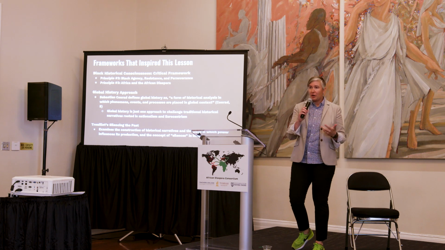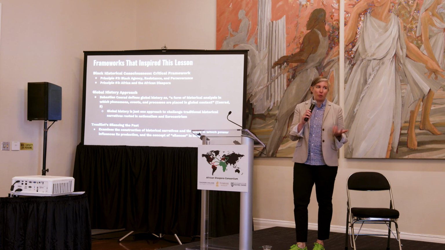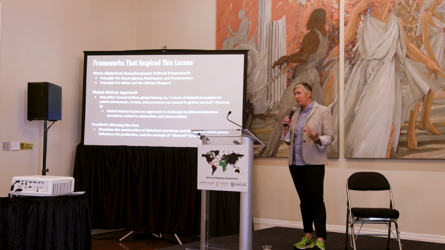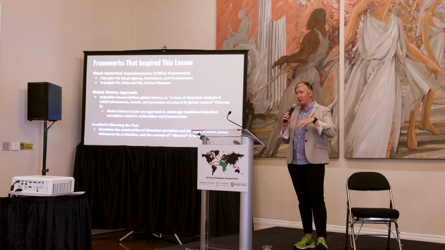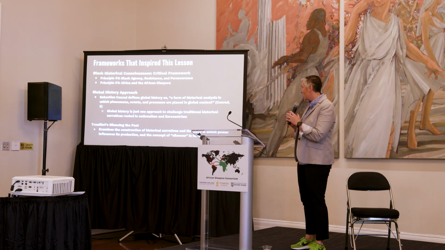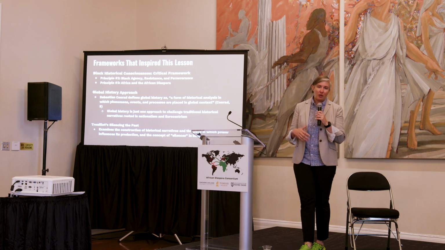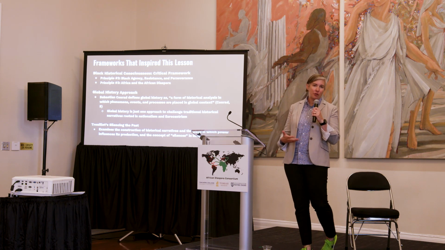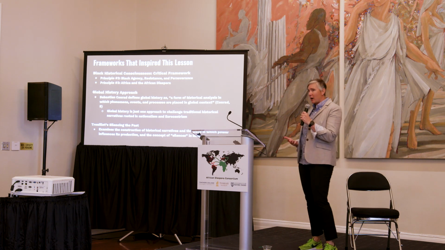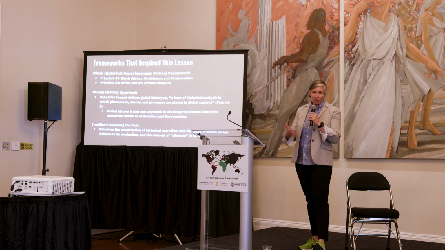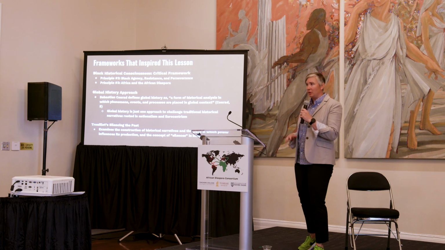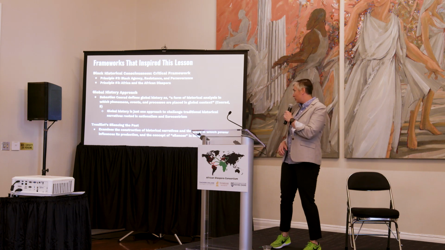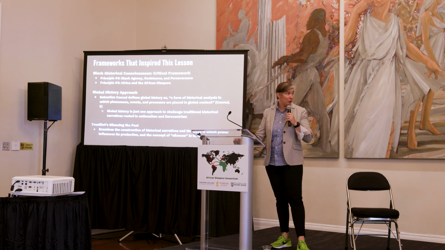I also try to employ Conrad's global history approach, which decenters that Eurocentric view of global history and the connections. And then I use Trouillot's Silencing the Past. My students prior to this lesson have learned about historical agency, the power and production of archives, and the way history is written. So I really center these frameworks when creating lessons for my students.